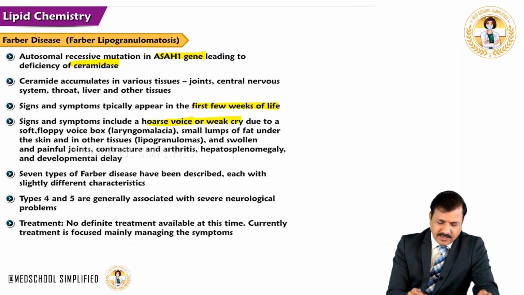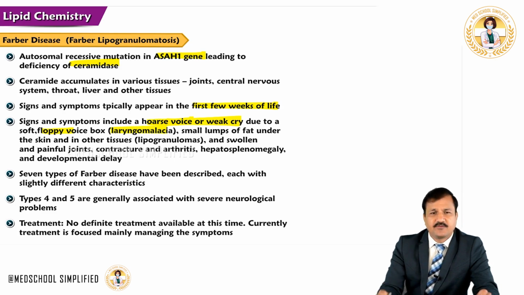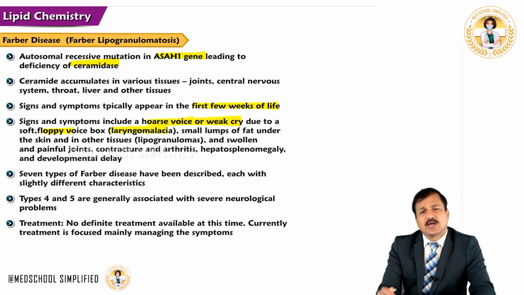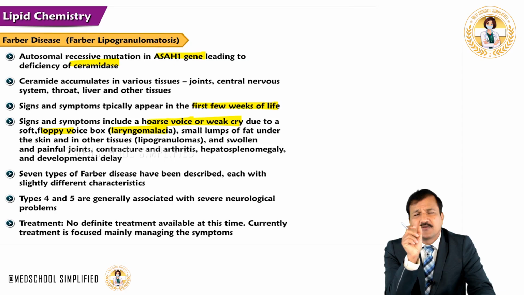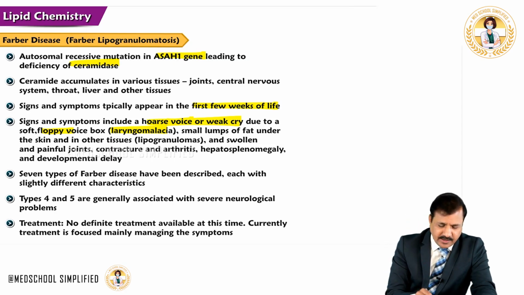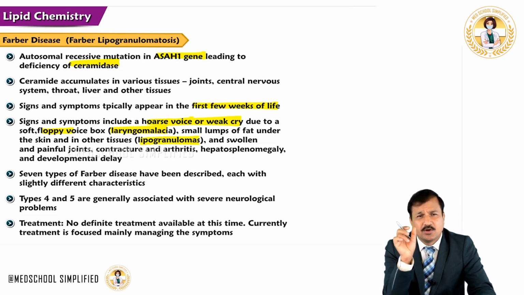or weak cry, due to a soft floppy voice box, that is because of laryngomalacia, and small lumps of fat are found under the skin and in other tissues. That is what is referred to as lipogranulomas. That's why the disease can also be called Farber lipogranulomatosis.